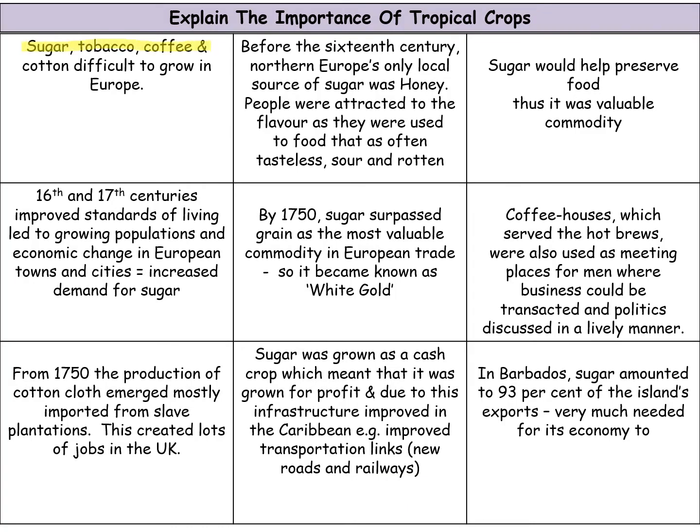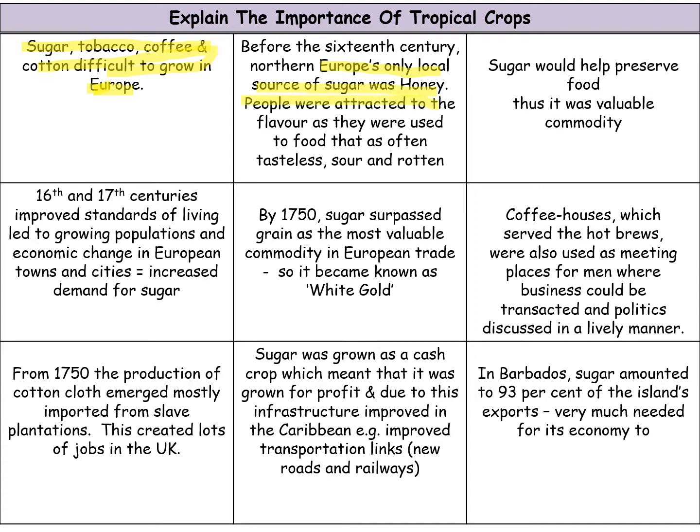So sugar, coffee and cotton was difficult to grow in Europe. Okay, that's a key kind of point that we need to say. Before the 16th century, Northern Europe's only local source of sugar was honey. People were attracted to the flavour as they were used to food that was often tasteless, sour and rotten. So we're going to say Europe's only local source of sugar was honey.